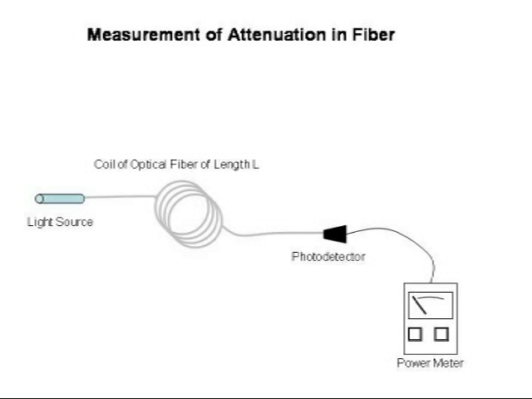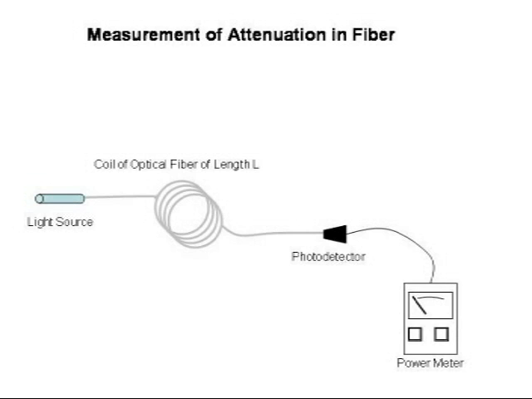You see a light source. It can be a laser sending light over the coil fiber of a long length L. The other end is connected to the photo detector, and the power meter reads the power. After the power is read from the long fiber, you cut the coil out, leaving about 1 meter of the fiber attached to the laser, and measure the power again from that piece.